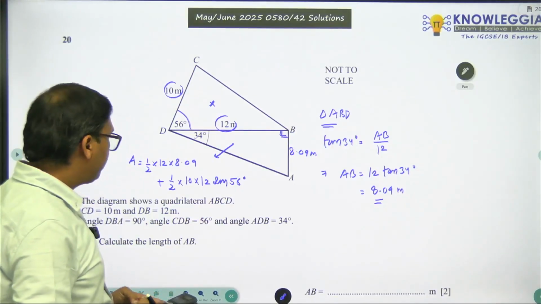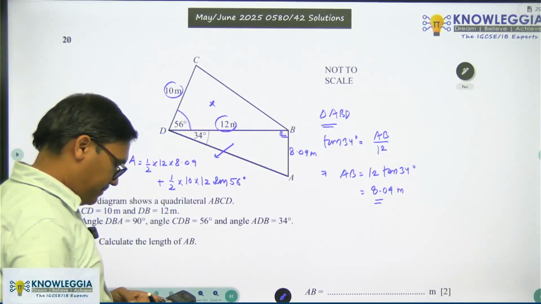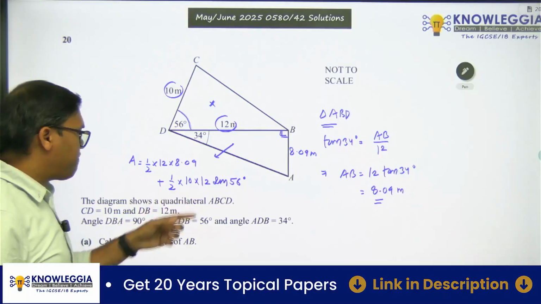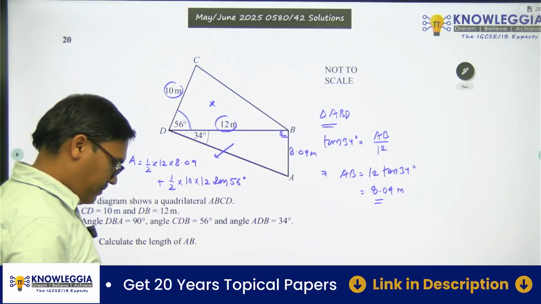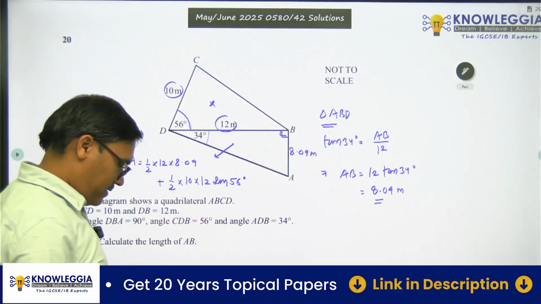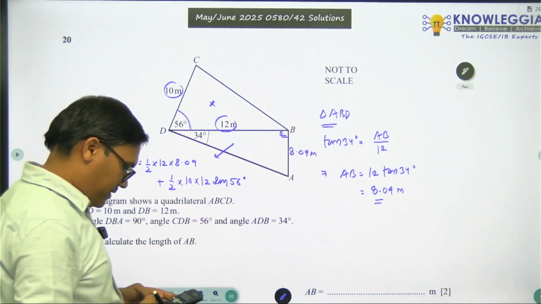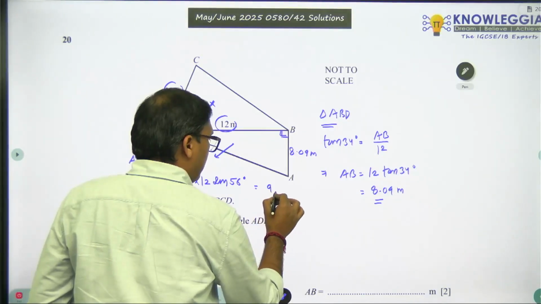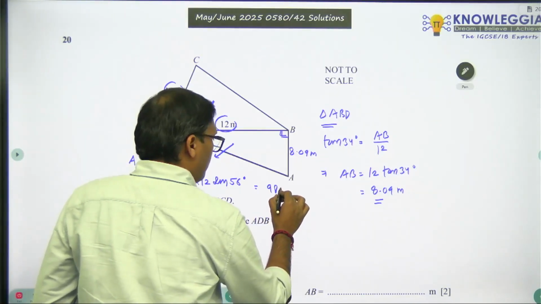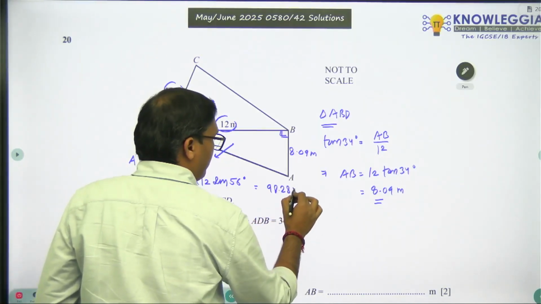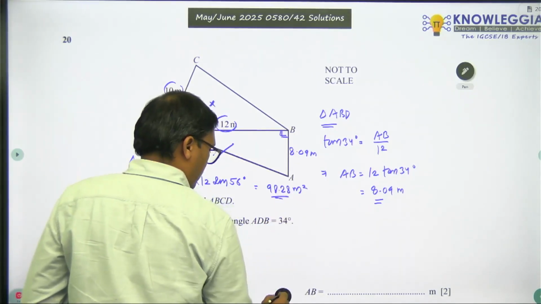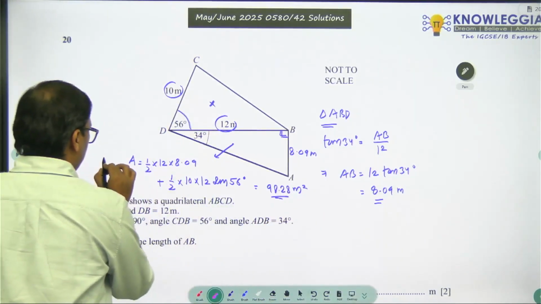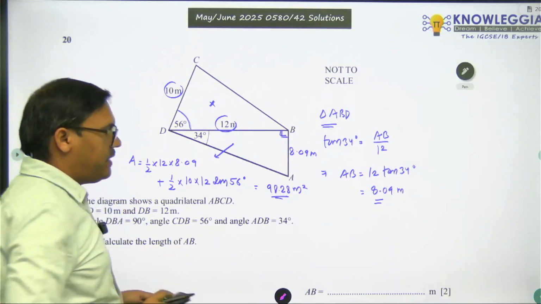This is 6 into 8.09 plus this is 60 multiplied with sine 56 degree, which is equal to 98.28 meter square. That is the area of this quadrilateral. So this is the answer for the second part, that is B part.